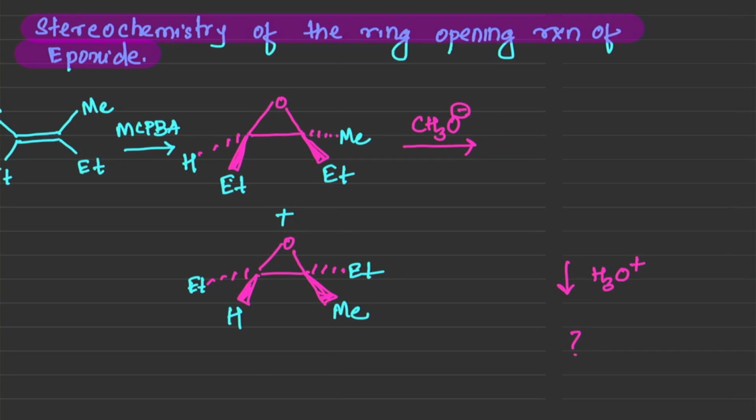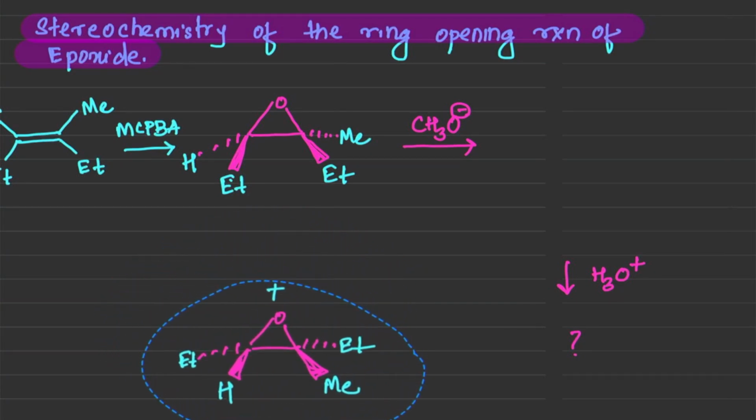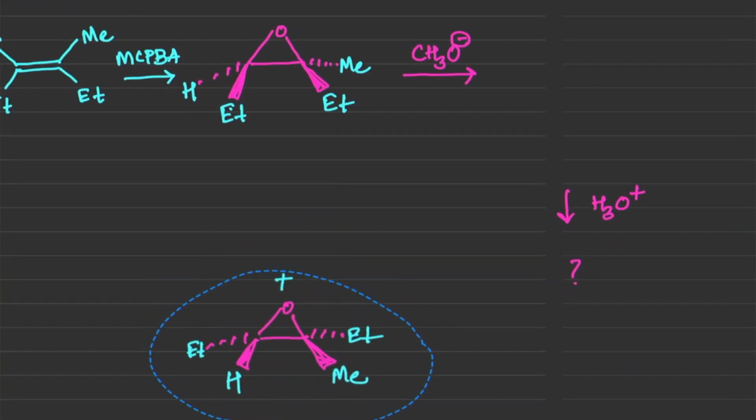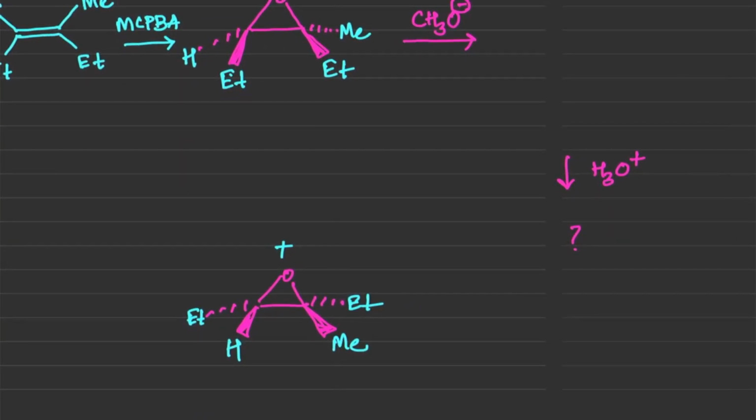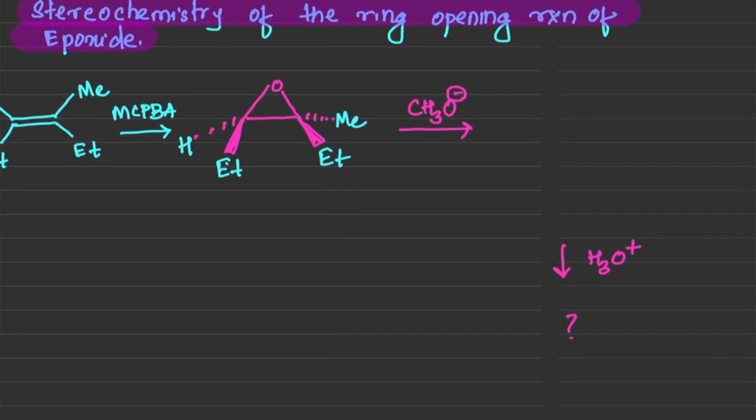So now we have a nucleophile. CH3O- is our nucleophile. Now where would it attack? Okay, so let's remove this one a little bit below. Maybe let's just delete this one to clear our screen. Okay, so we have our CH3O-.